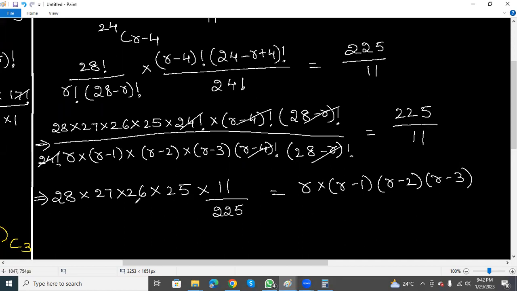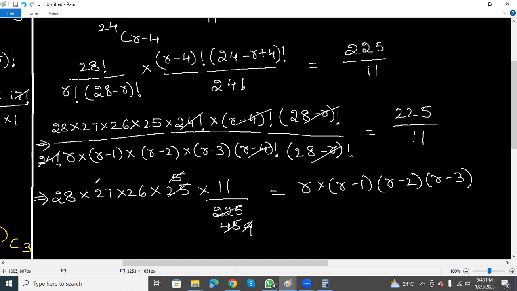Okay, now let's see the cancellations. 25 and 225: 5 fives are 25, and 5 nines are 45, so 25 cancels with 225, leaving 9.